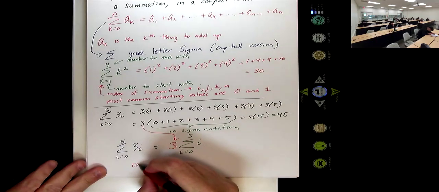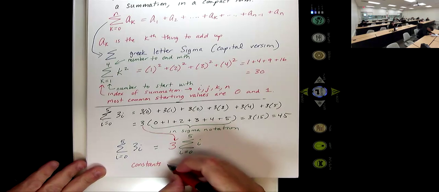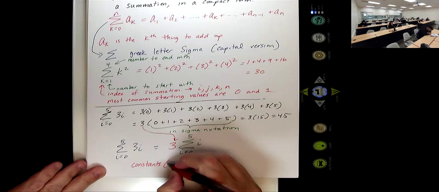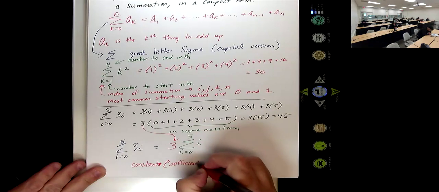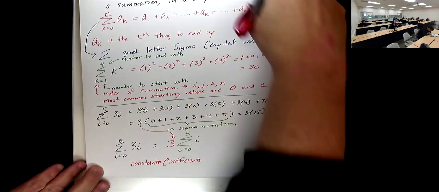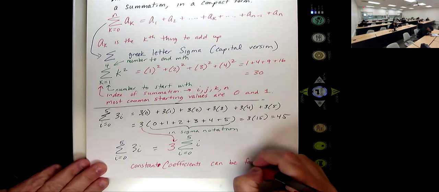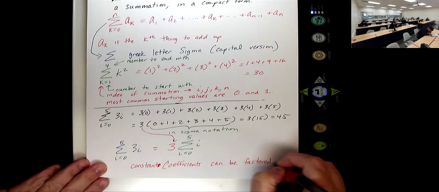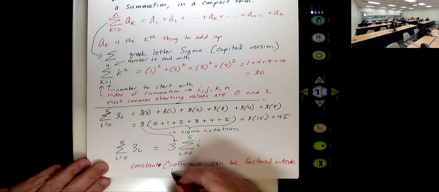So constants, we say constant coefficients, can be factored out, outside the summation.